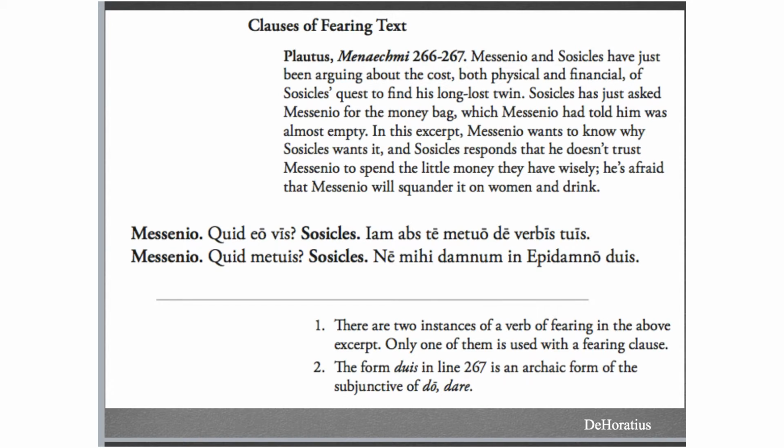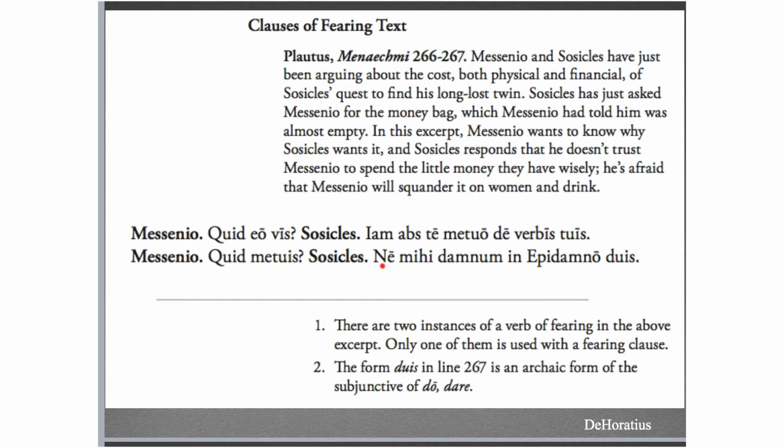All right, one more fearing clause. So what do you want here? I'm afraid of your words. What are you afraid of? Now the fearing clause is kind of understood.